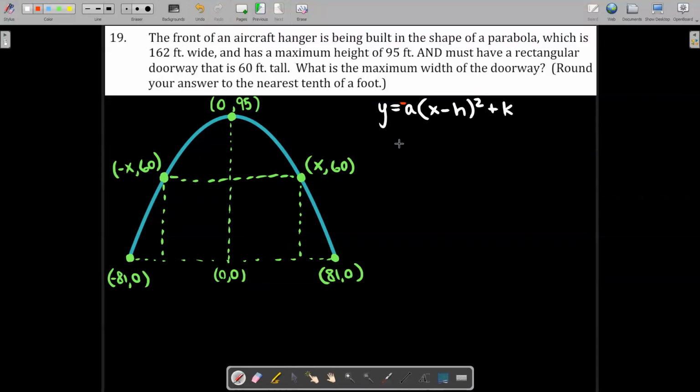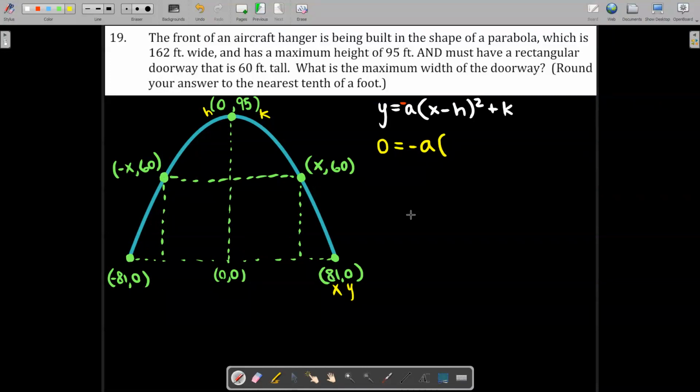So first off, we have to find the A value. We don't know what kind of scale this parabola has. So we're going to plug in one of the points that we do know. It can't be the vertex. We have to use the vertex. Remember, this is H and this is K. We have to use that for H and K. So we're going to use the other value for X and Y. I'm going to set this up as 0, because this has a Y value of 0, equals negative A. That's what we're looking for.